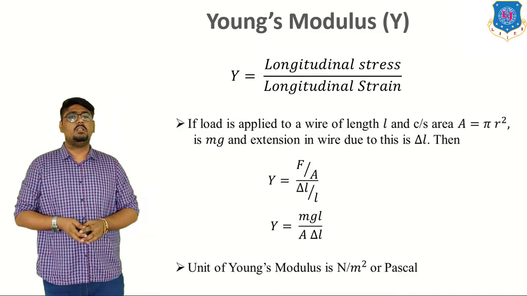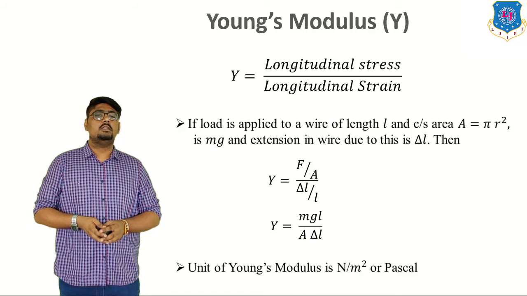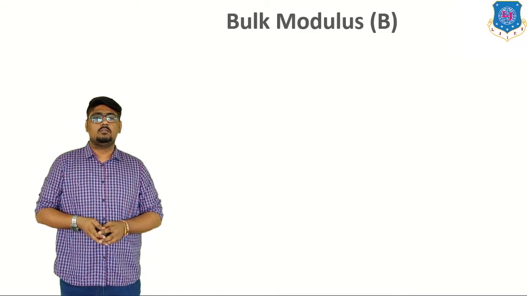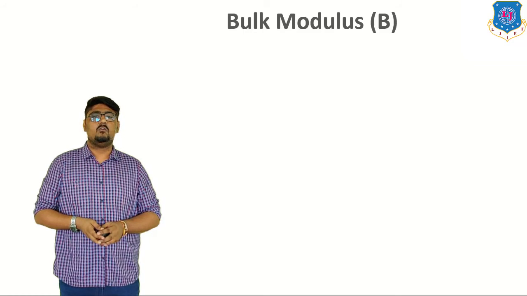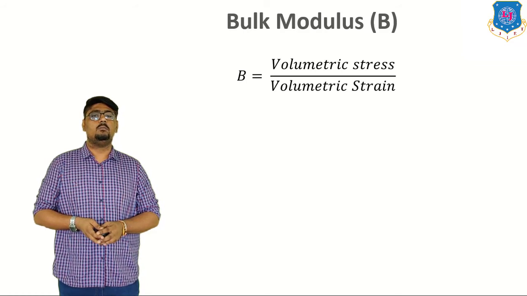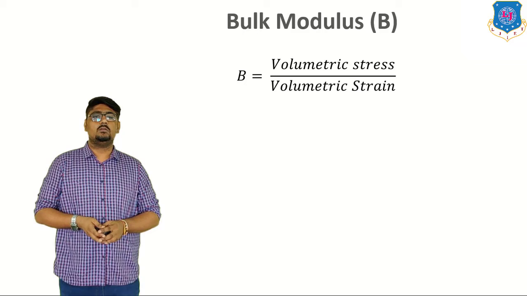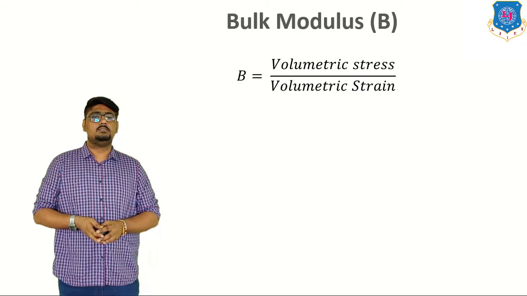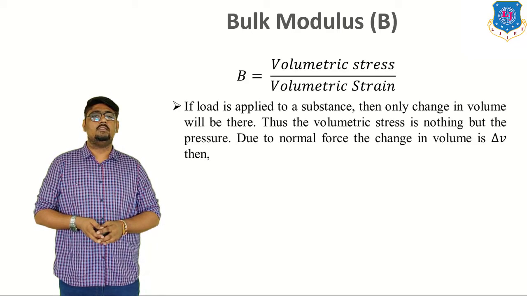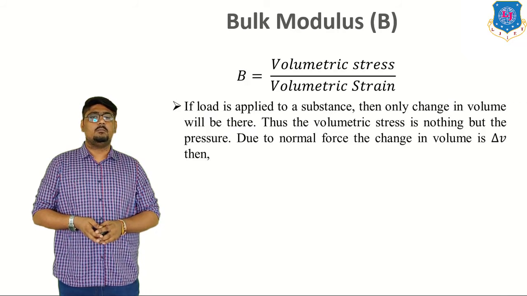Now next is the bulk modulus, also known as the volume modulus. It is defined as the ratio of volumetric stress to the volumetric strain. If the load is applied to a substance, then only a change in volume will be there. Thus, the volumetric stress is nothing but the pressure.